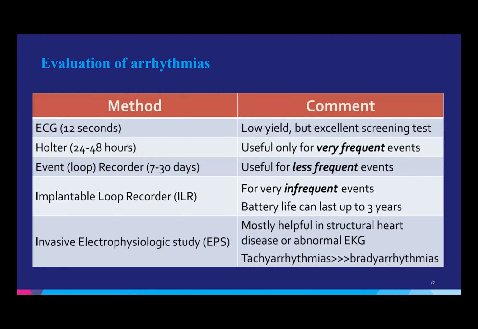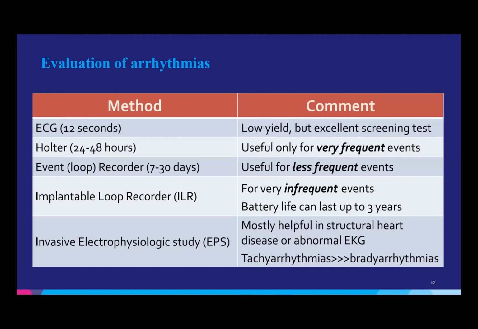And then this is, again, just for you guys to quickly look at. EKGs are wonderful, but remember that they are simply a screening test. The yield is quite low. You literally have to be going through your arrhythmogenic event in the moment for it to be captured. Holters are great, but will only capture, like I said, less than 20% of tachyarrhythmic events.